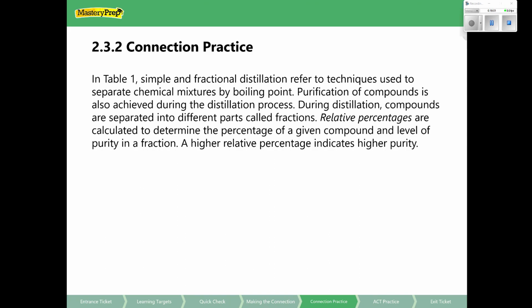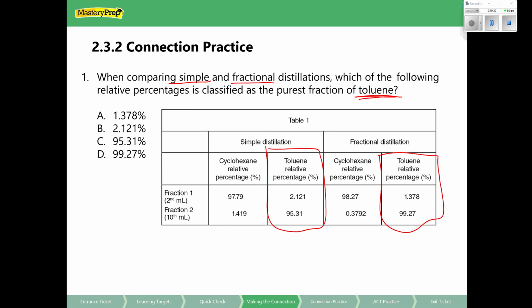During distillation, compounds are separated into different parts called fractions. Relative percentages are calculated to determine the percentage of a given compound, or level of purity, in a fraction. The higher percent indicates higher purity. So we're looking at the higher percentage. So between these two, 99.27, which is in the chart, would be the correct answer.